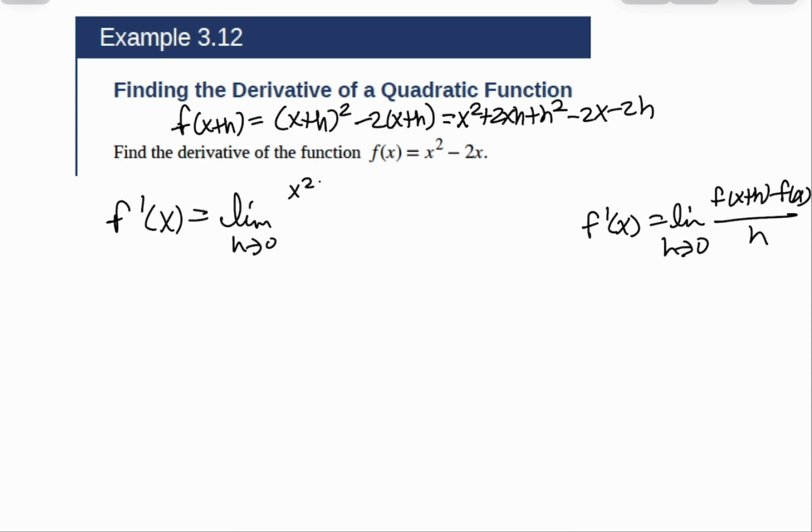So it's just x squared plus 2xh plus h squared minus 2x minus 2h minus our function, minus the f of x. So put that in parentheses.